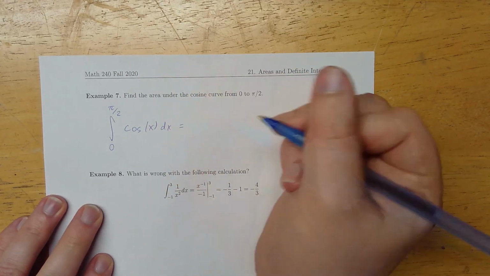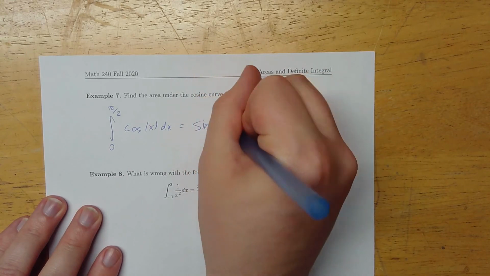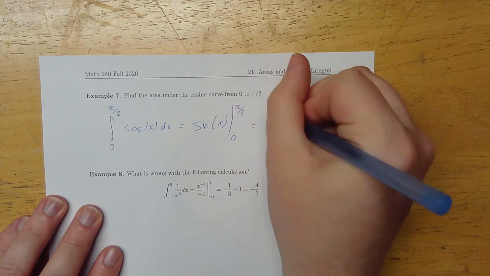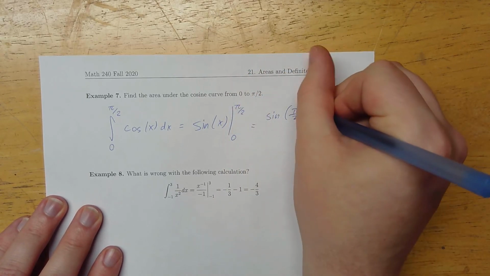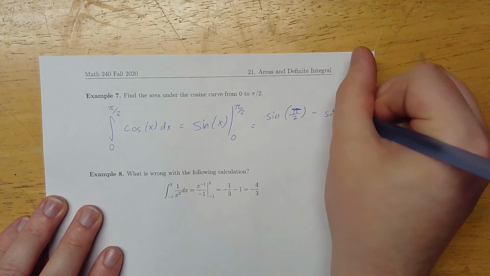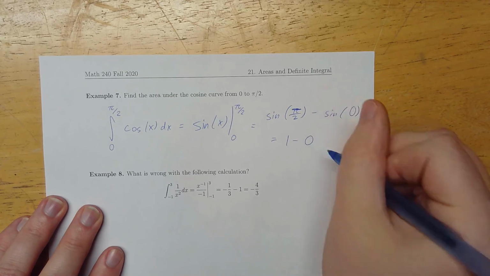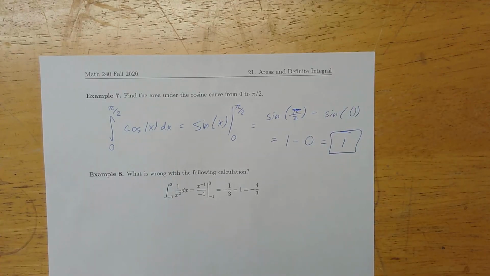And so the antiderivative of cosine, remember, is sine of x, and we're evaluating it from 0 to pi over 2. So this will be sine of pi over 2 minus sine of 0, which is the same as 1 minus 0, which is 1. So we can even do this to find the area under the curves of sines and cosines, which is great.